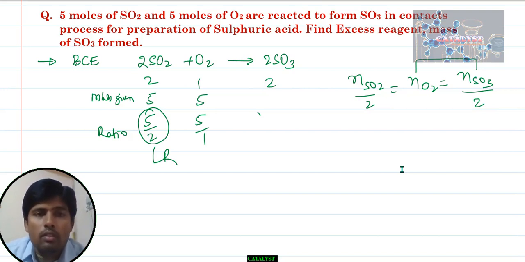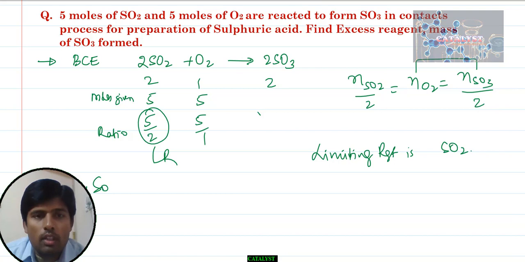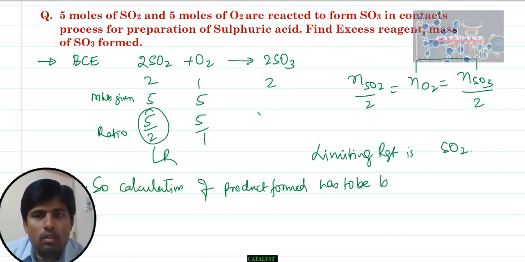So the limiting reagent is SO2. So calculation of product formed has to be based on number of moles of SO2 only.